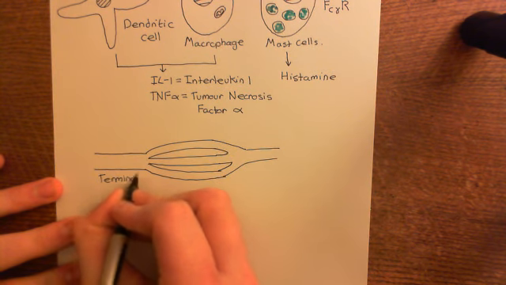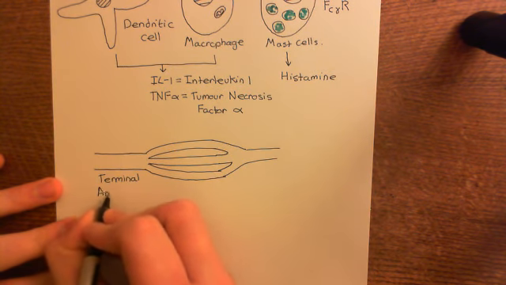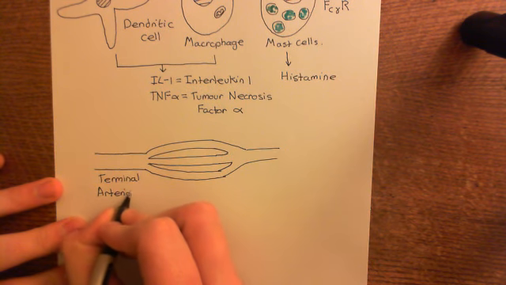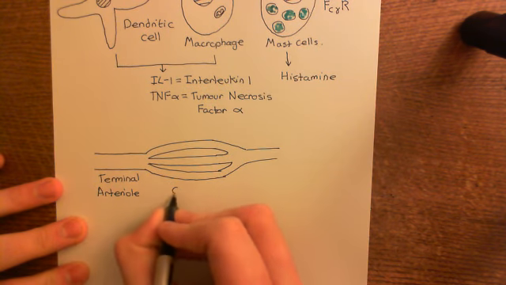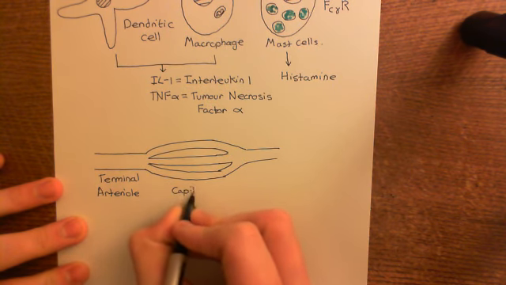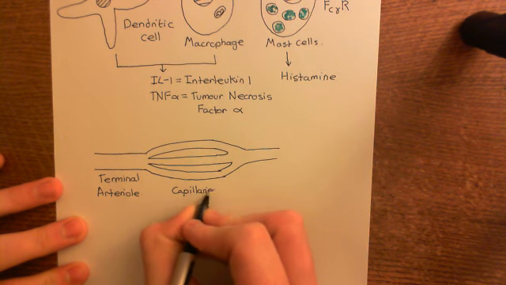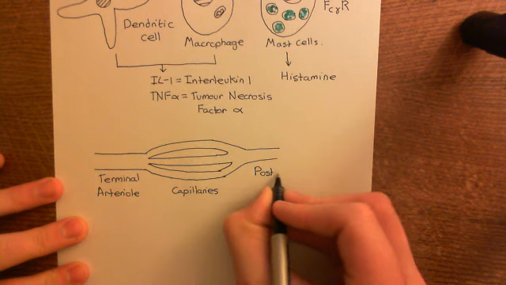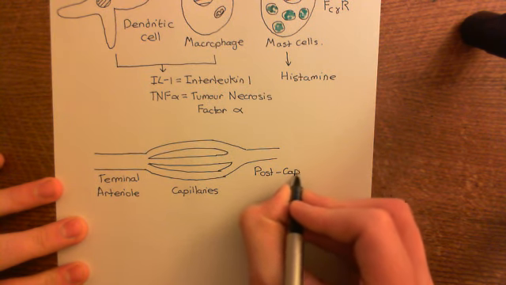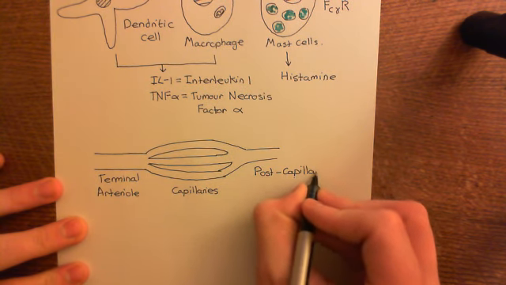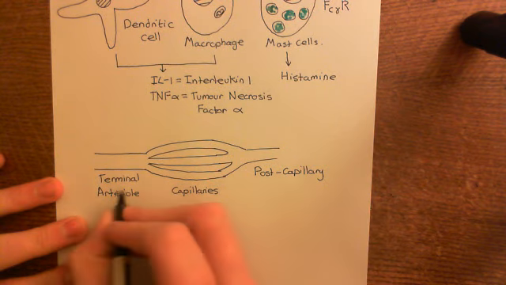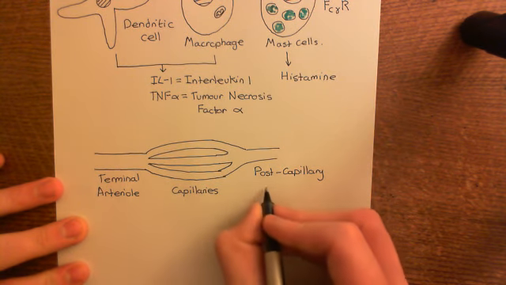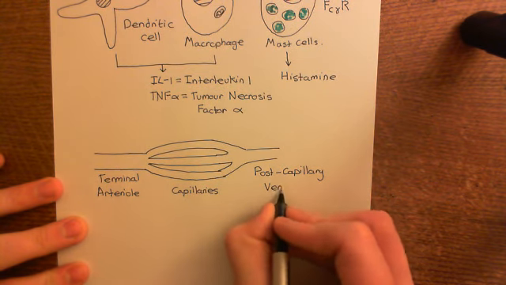Terminal arteriole. Okay, and then it branches into these capillaries here, and then finally the capillaries reconverge into a post-capillary venule. Okay, so let's see what effect these mediators are going to have on the terminal arterioles, the capillaries, and the post-capillary venule.